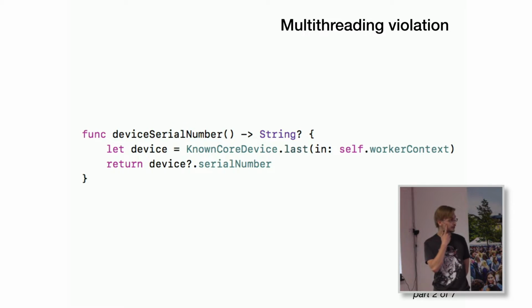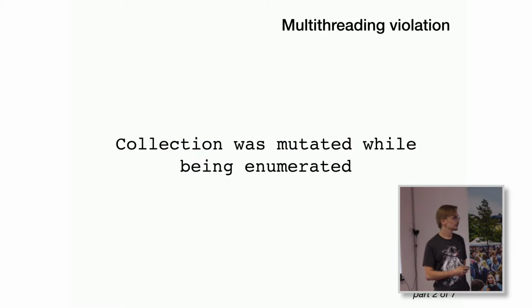For instance, this piece of code is an example of such a violation because we instantiate the Core Data model, CoreDevice, in the worker context, but then we access its property serialNumber in whichever thread calls this method. So it's not safe, and it can cause a big variety of problems. For instance, it can cause something like this.